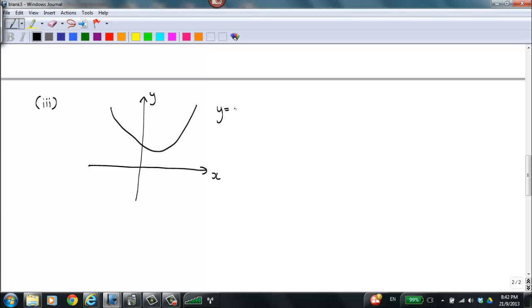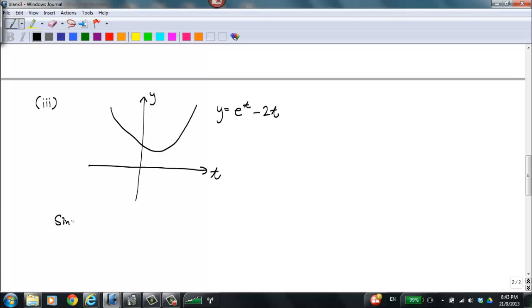So this is y equals to, if you want to make it more related to the question, you can call the horizontal axis t instead of x, so that you can call your equation y equals e^t minus 2t.